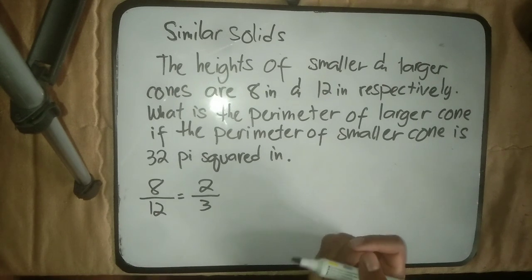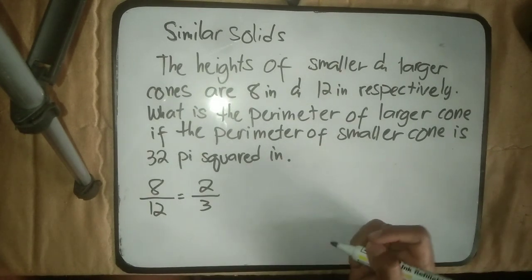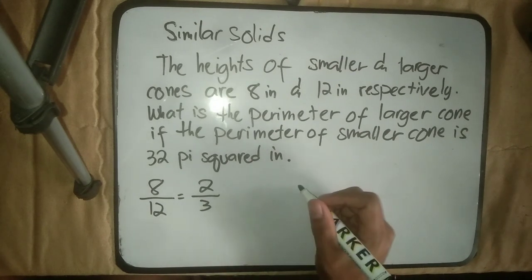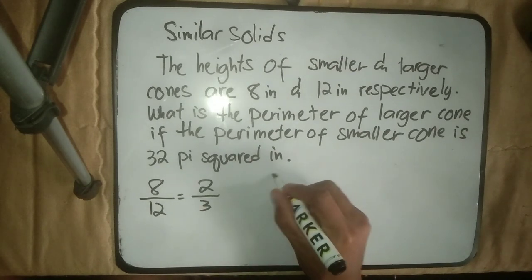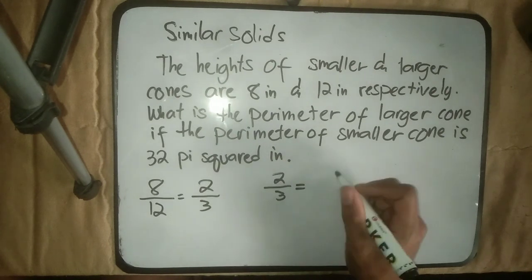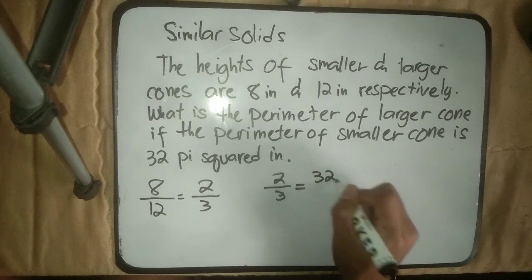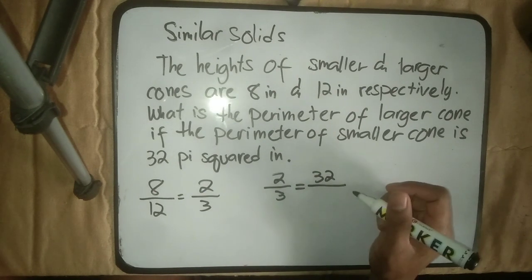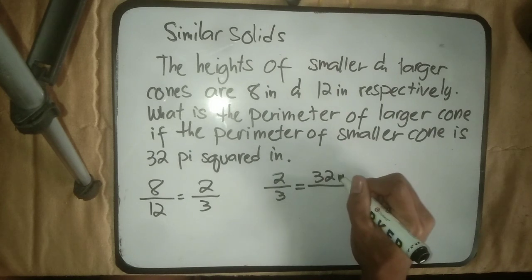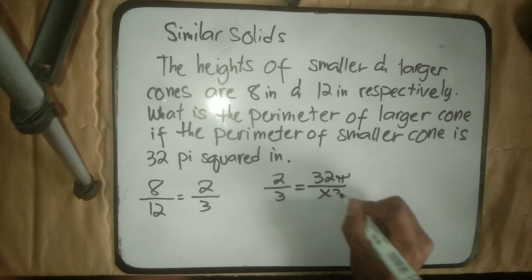So to find the missing perimeter of the larger cone, let's put 2/3 is to 32 pi, then find the missing one, or the unknown.